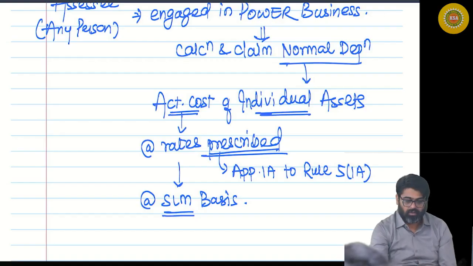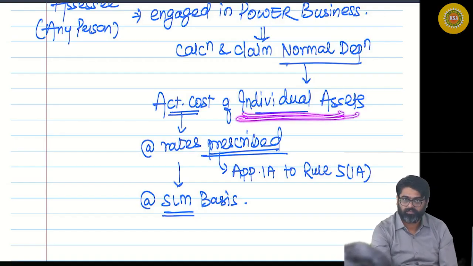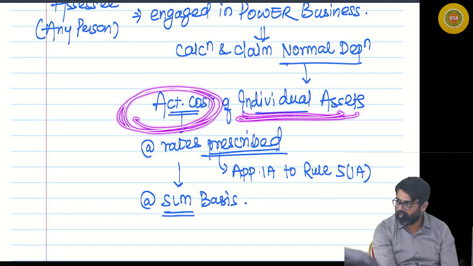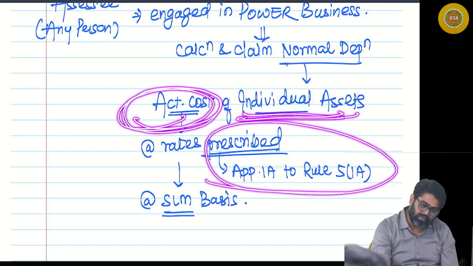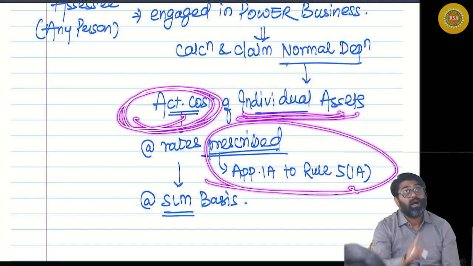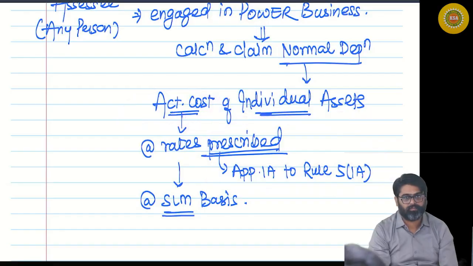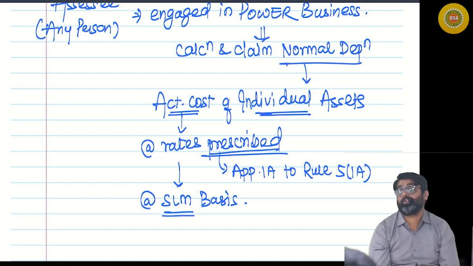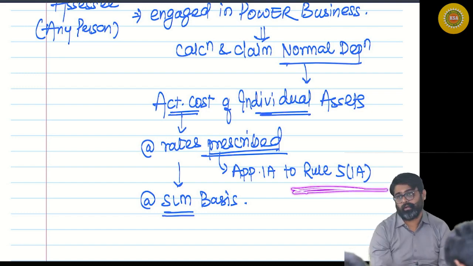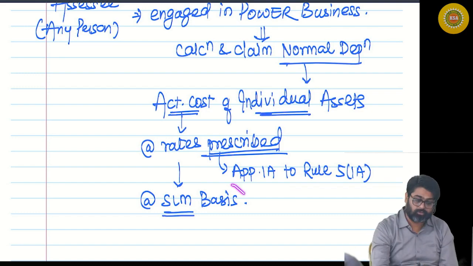Now simple, you are supposed to check every asset. You are supposed to calculate the actual cost and apply these rates. Asset wise rates are given. Asset wise, where? In the IT Rules. Which rule? 5.1a. And in Rule 5.1a, there is one appendix.